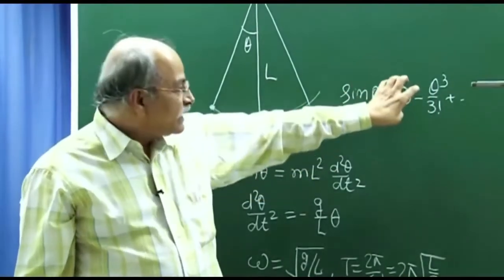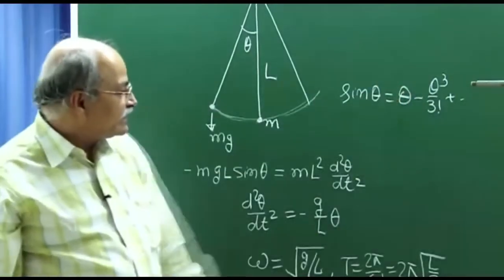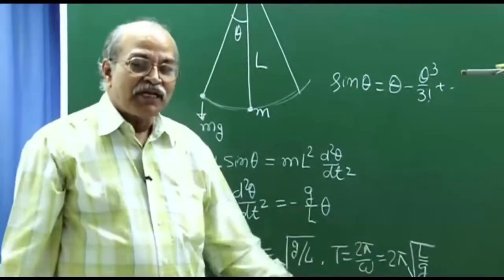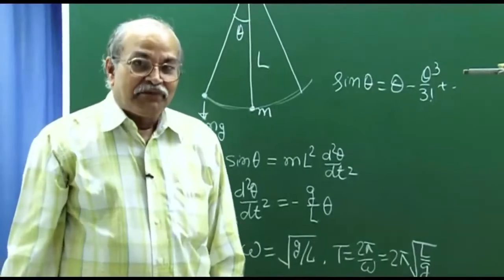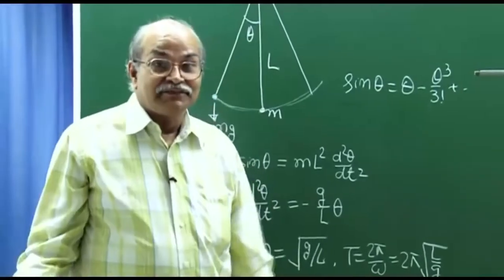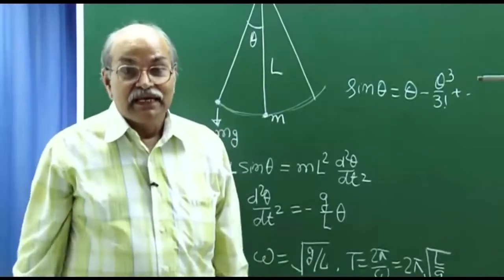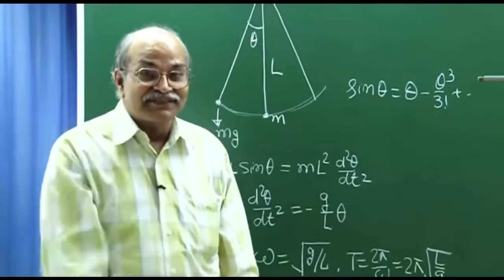So, that is the place where this approximation is needed, and that is why this formula is valid for small amplitudes. But if I exceed that 4 degree limit, if I go for 10 degrees, 15 degrees, 20 degrees, how much will be the difference?